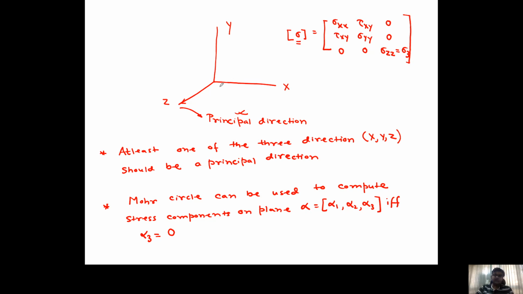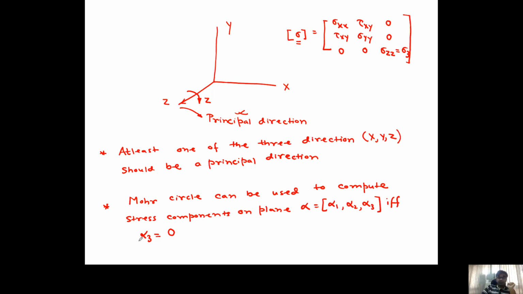Which means that if there is an arbitrary plane for which I want to compute the normal and the shear component of stress, that arbitrary plane will have to be perpendicular to this z-axis. So basically, we are rotating about this z-axis. That is what this condition is telling us.